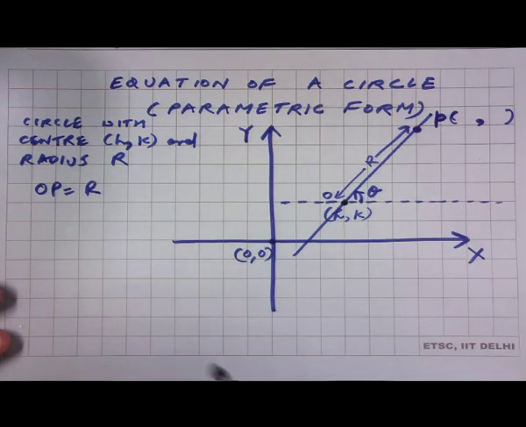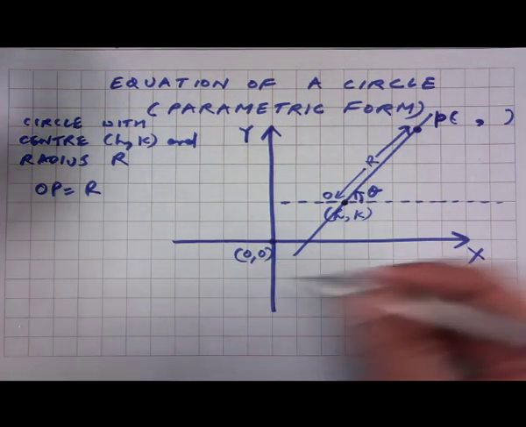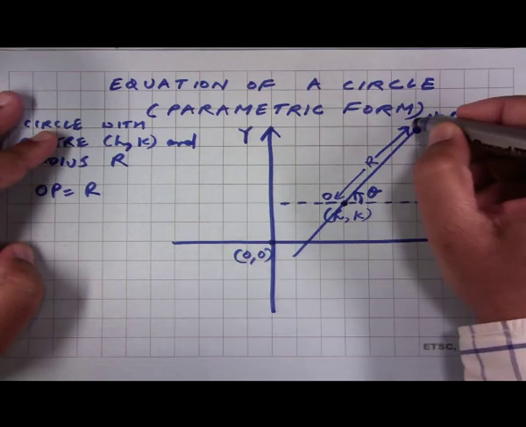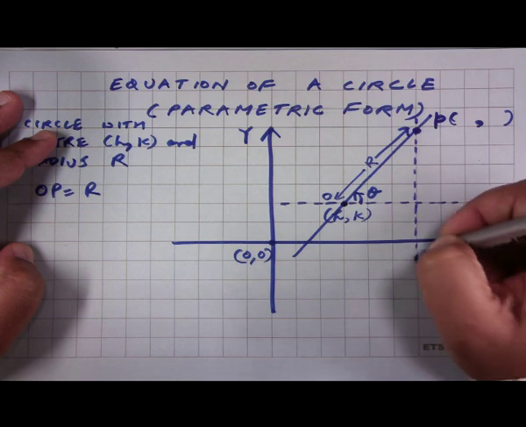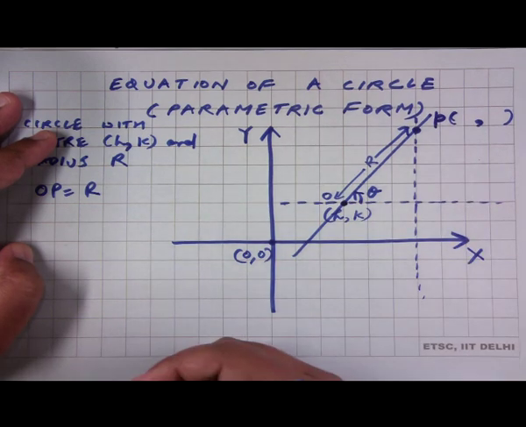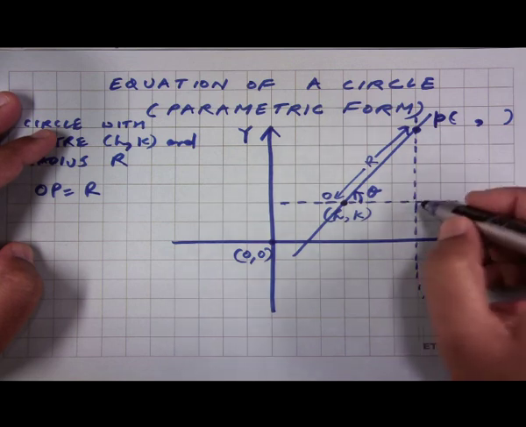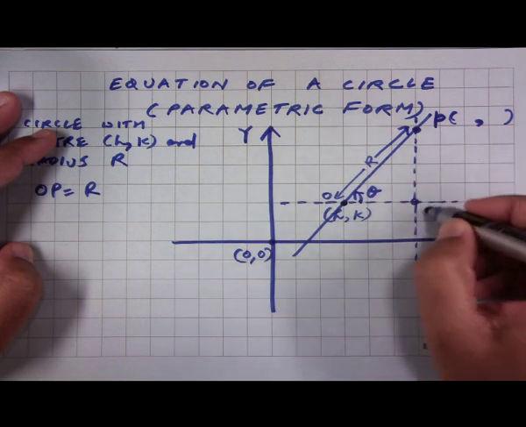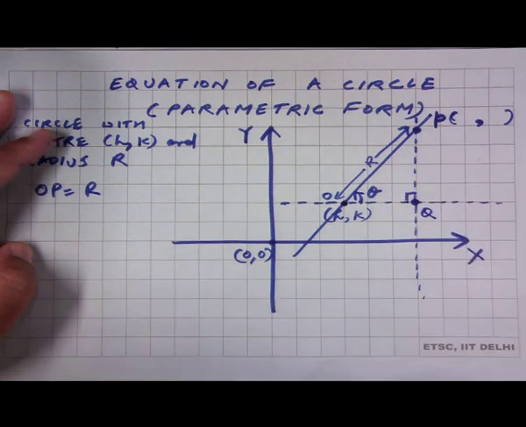So, this is r. If I also draw a line parallel to the y axis, then it is clear that these two lines constructed by me will meet at some point Q over here at an angle of 90 degrees.